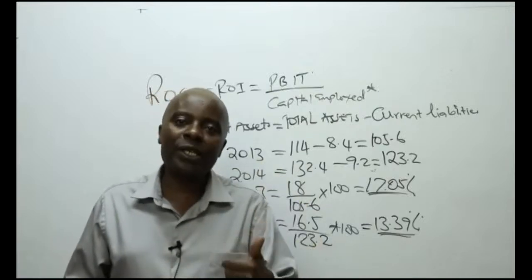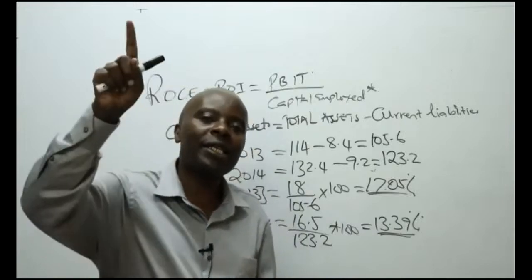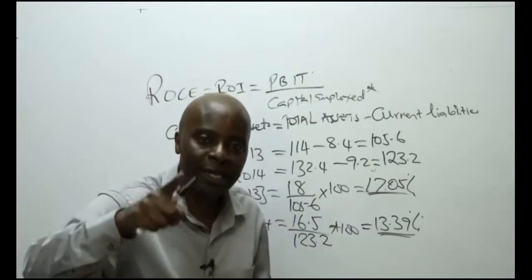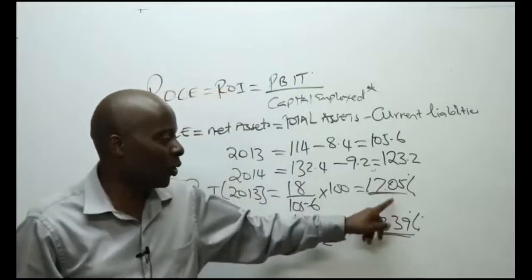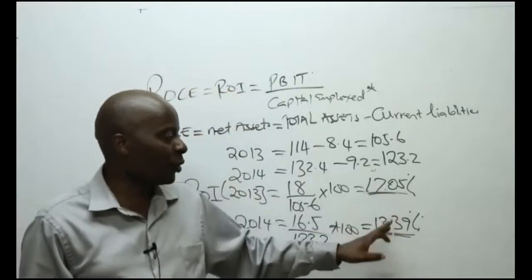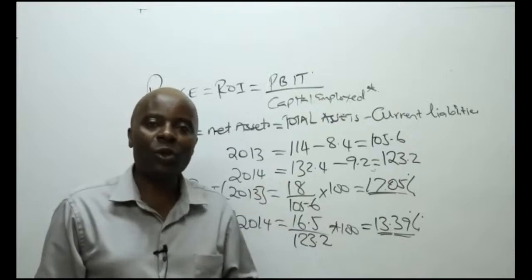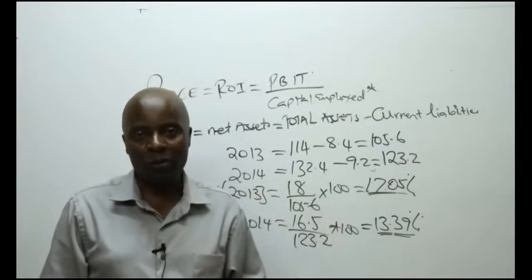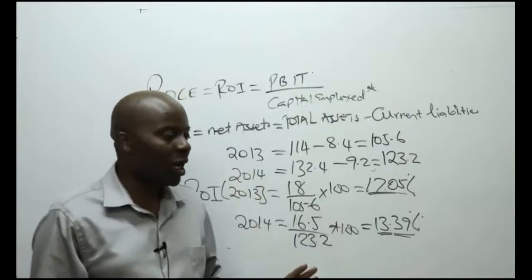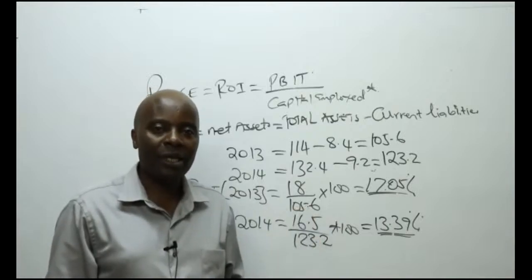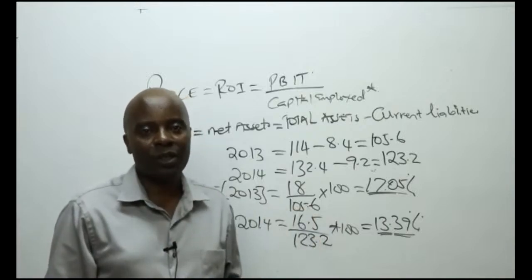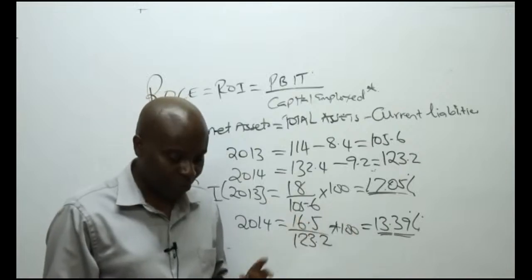So we always expect an increasing ROI trend. When we see ROI going down from 17.05 to 13.39, that means poor performance.